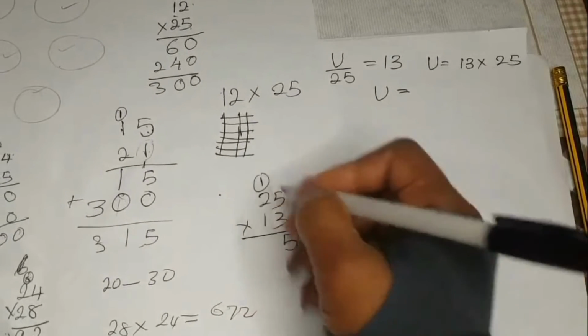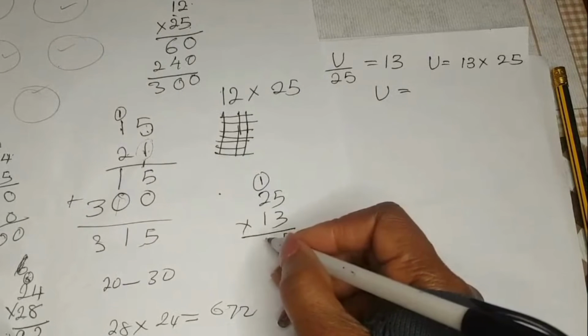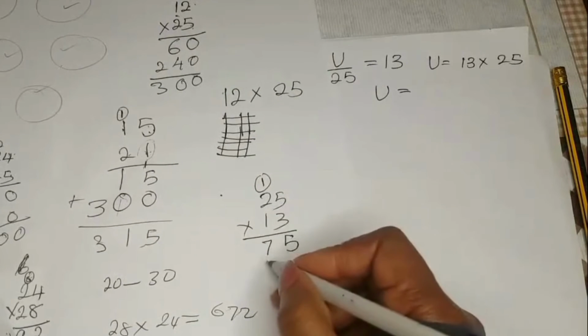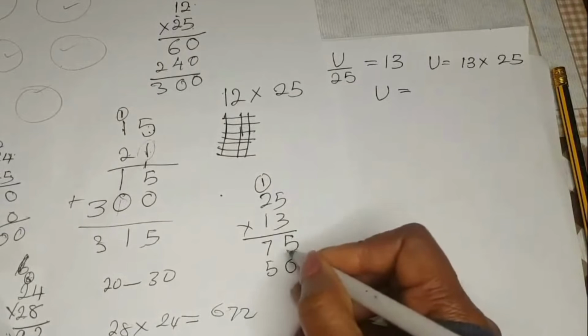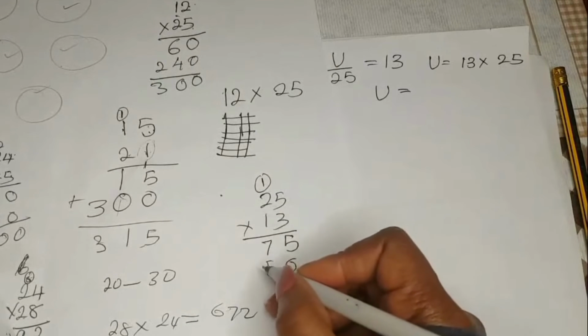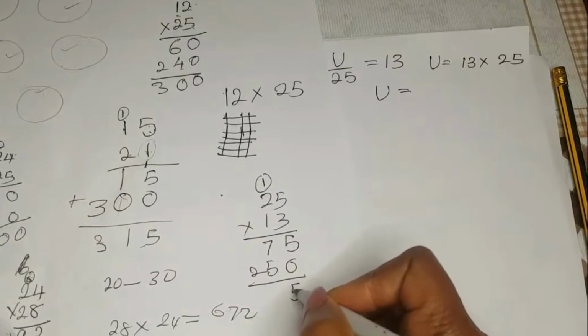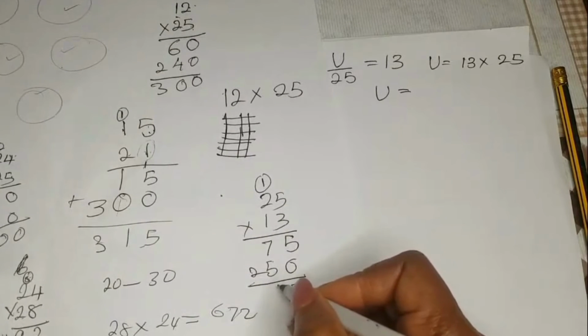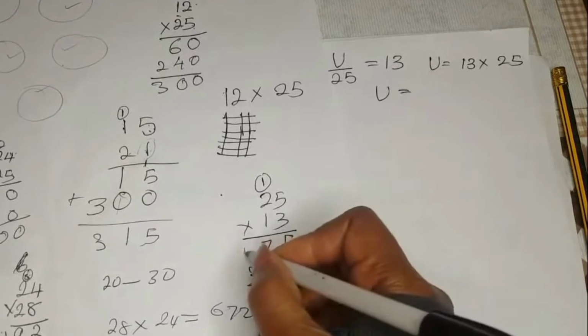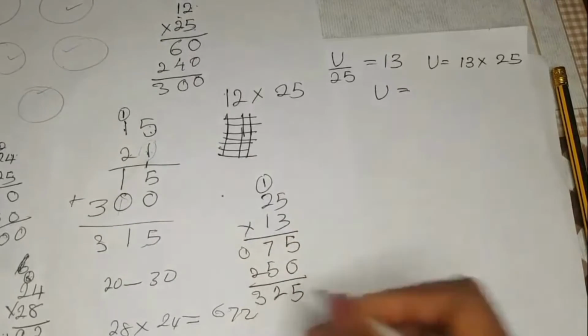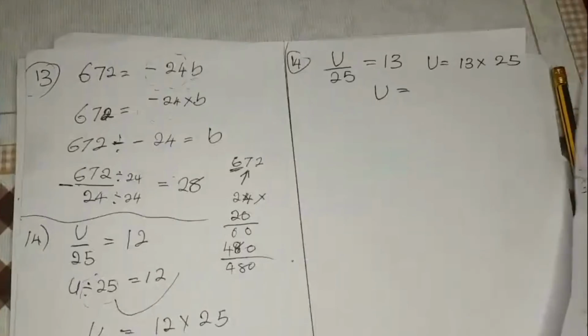You put 1 up. 2 times 3, 6, plus 1, 7. 5 times 1, 5. Bring down 0. 1 times 2 is going to give you 2. You remember 1, and this will give you 3. So this is going to give you 325.